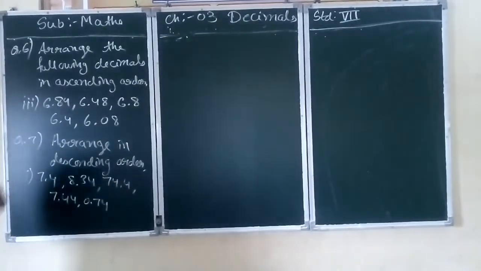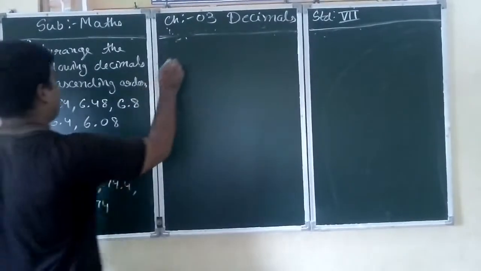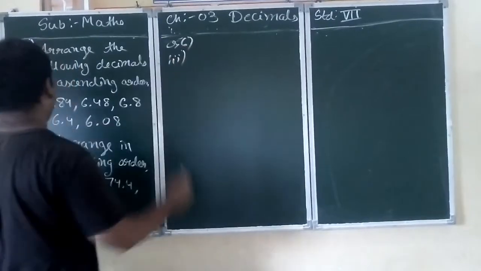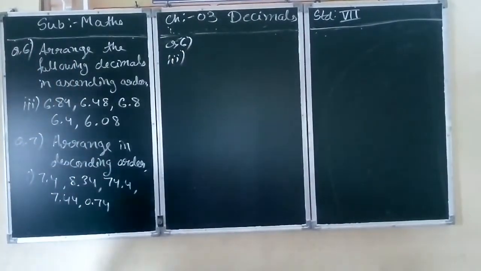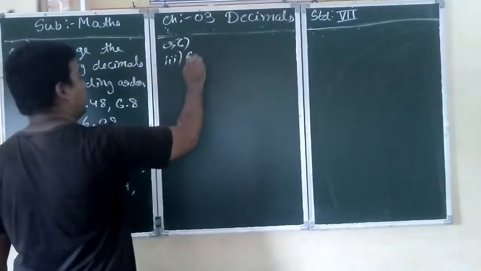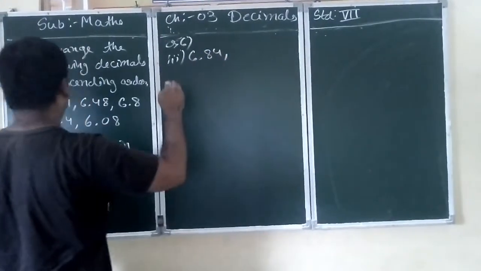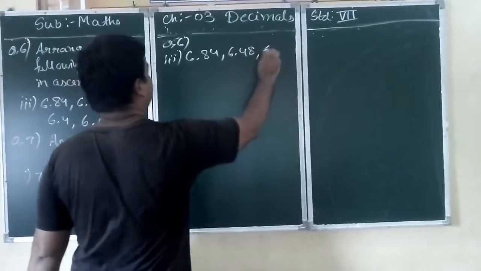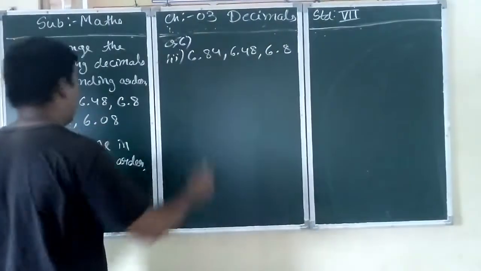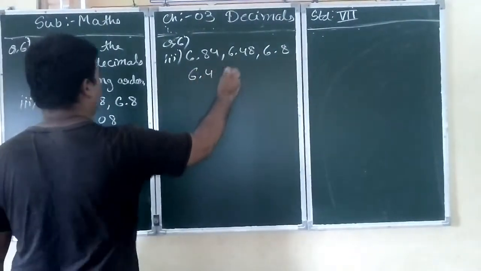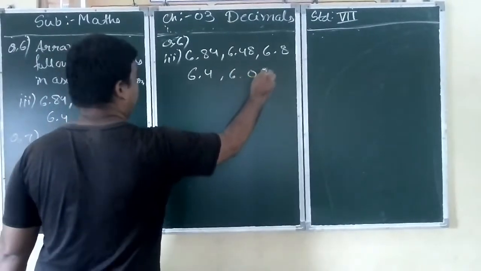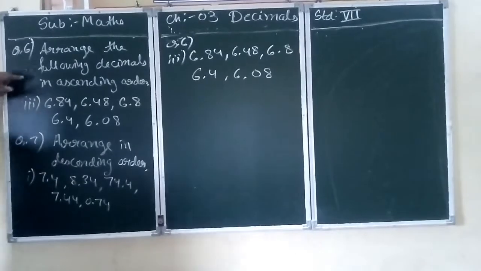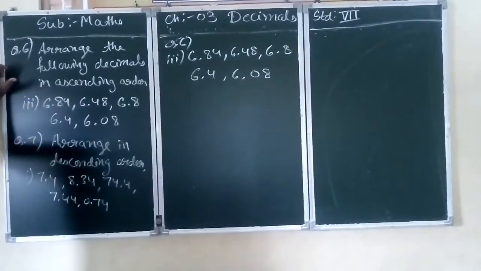So the numbers are 6.84, 6.48, 6.8, 6.4 and 6.08. Here we write the decimals in ascending order.